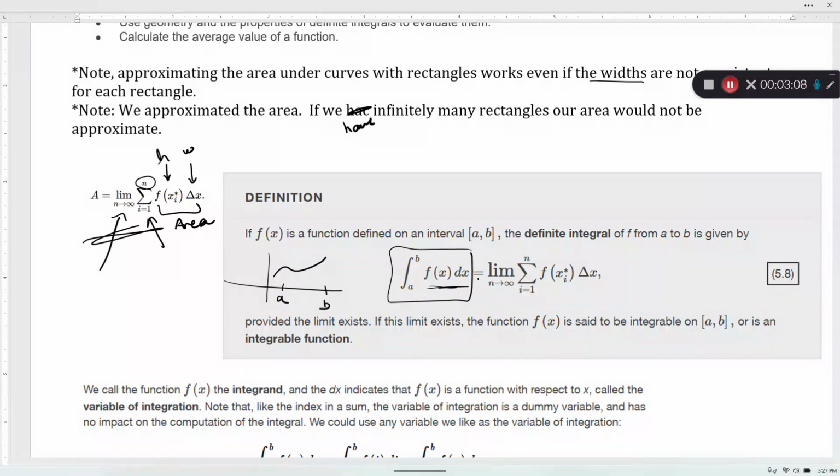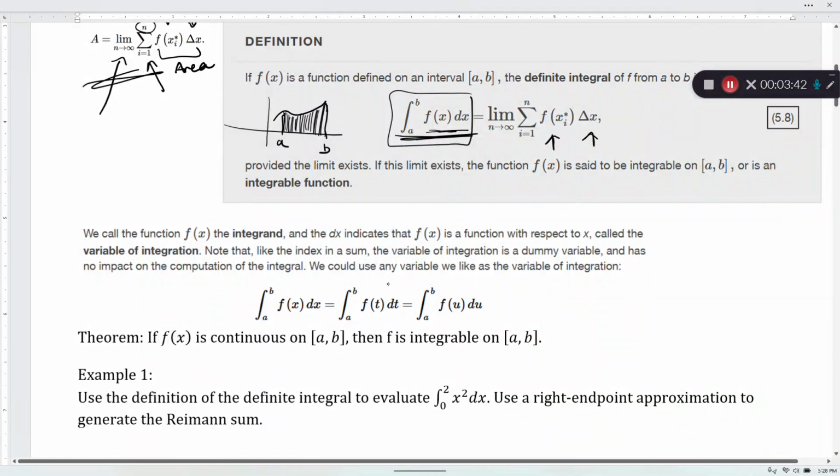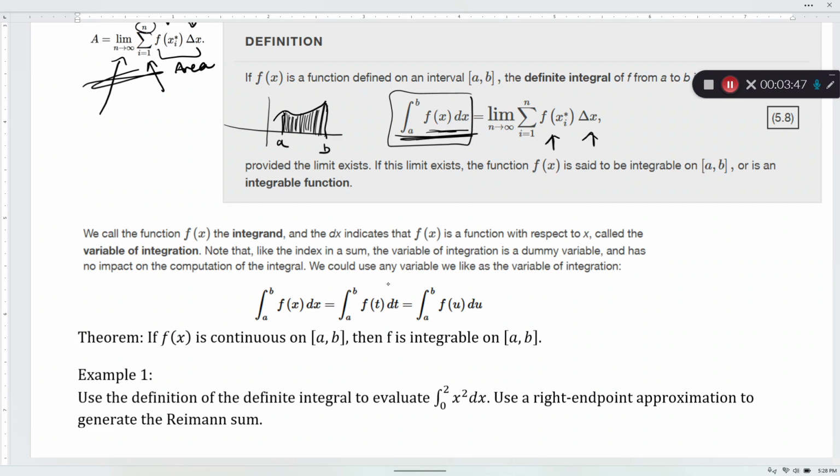Because we are looking at all of these rectangles' heights and widths from here to here, and we're adding them all up. There's infinitely many of these rectangles. So a definite integral is basically the area under the curve from A to B. And actually, I mean more than basically. We'll actually do a limit by hand before we learn how to do any shortcuts with the integral.